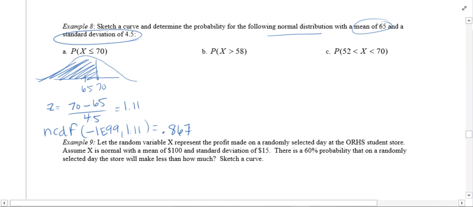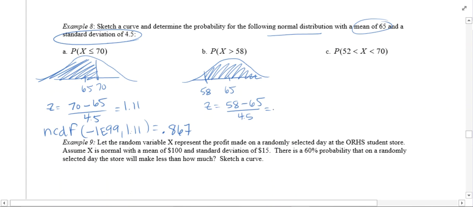Okay, so let's do a couple more. The next one, we're centered at 65. We're going to 58. And we want greater than. It goes this way. So again, we're finding z-score for 58 minus 65, and then divide by our standard deviation of 4.5.